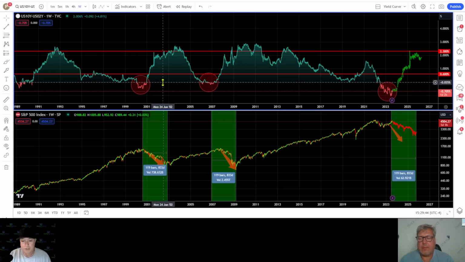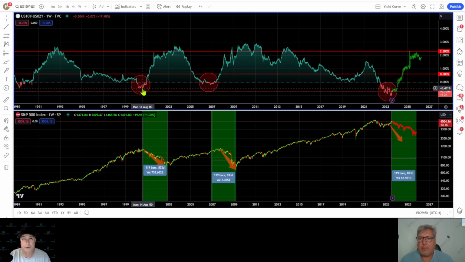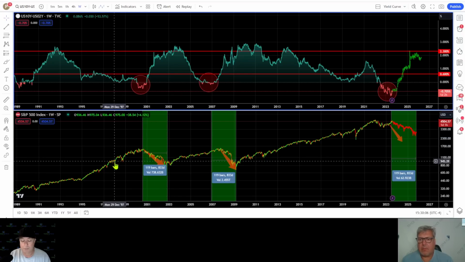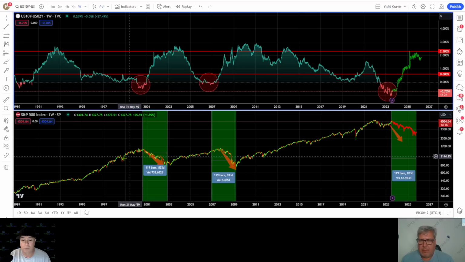The interesting information that we can glean from the bond market is what happens when we go from periods of extreme yield curve inversion and back through the normalization process up to like this 2.3%. And that is that you enter, in the last 2 recessions, 100 weeks basically of a bear market. And this is something that you'll notice, right? If we take prior to the dot-com boom, very linear move up, very little in the way of corrections, just mostly up, right?